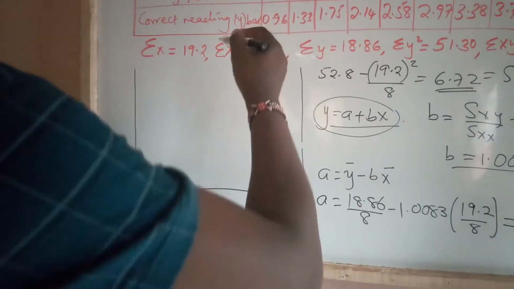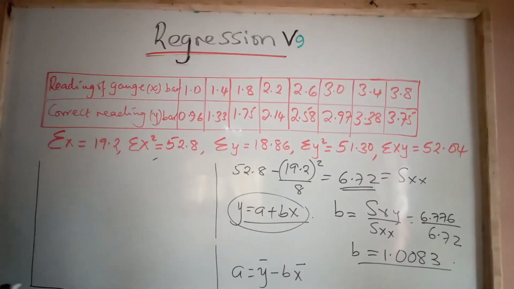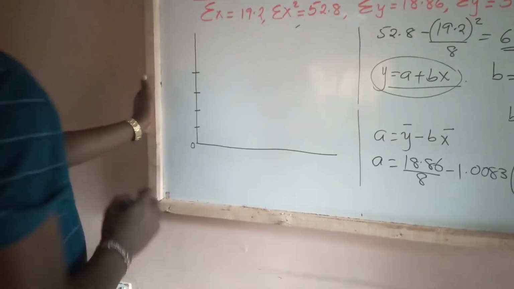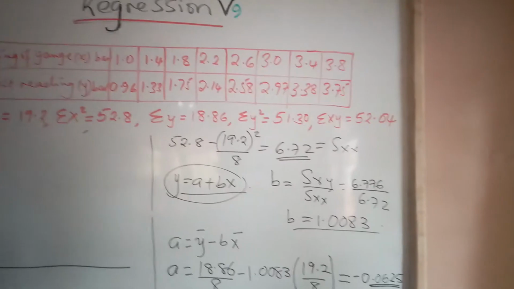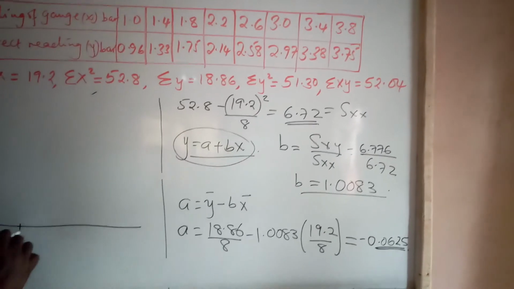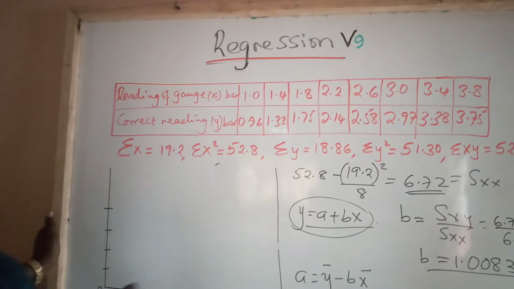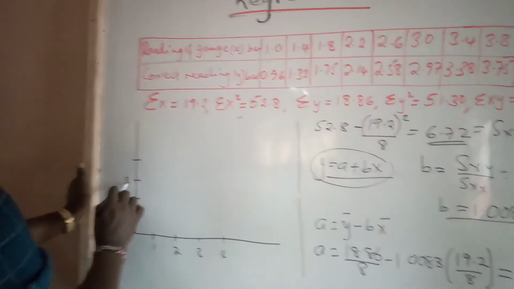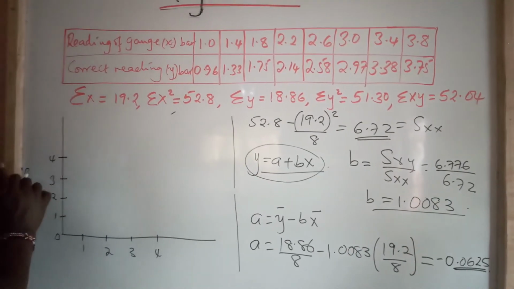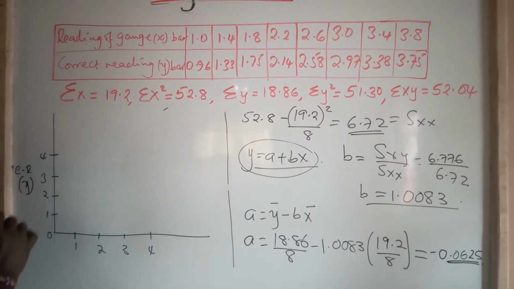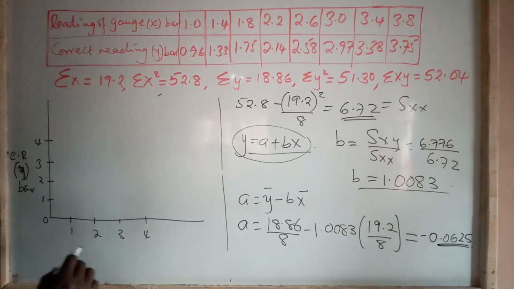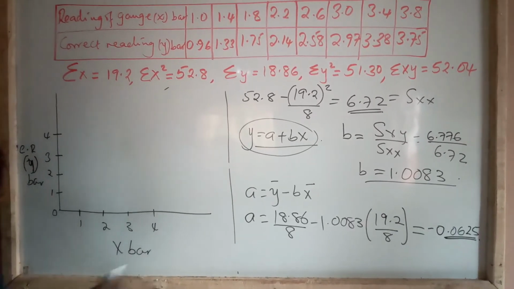The y axis runs from 1 all the way to 4, with 0 there, then 1, 2, 3, 4, and the x axis also runs from 1 to 4. The y axis is the correct reading, which is y bar, and the x axis is the reading on the gauge, which is x bar.